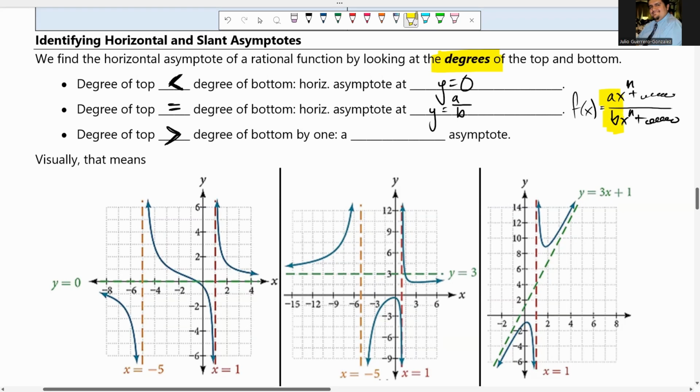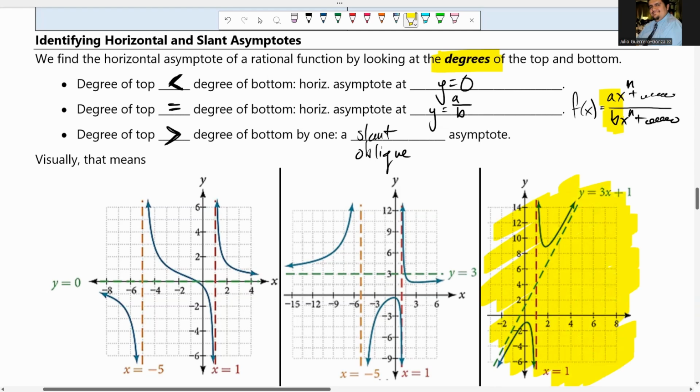Lastly, if the degree of the top is bigger than the degree on the bottom by 1, you have something called a slant asymptote, or an oblique asymptote. Something that has a slant asymptote looks like this.